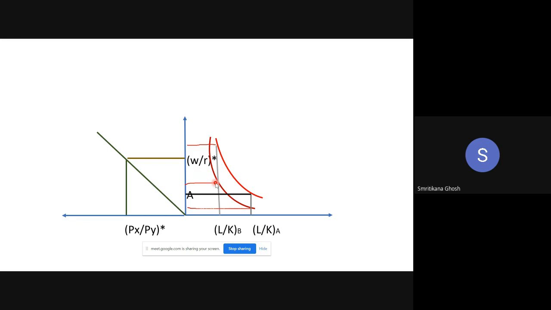Country B will produce only Y. Country A will produce only X. But still, there is no overlapping zone. So many options are there. It's not possible for me to give all the options. These options will come from your mind. Yes, this is another option. W by R star is here. That is also possible.